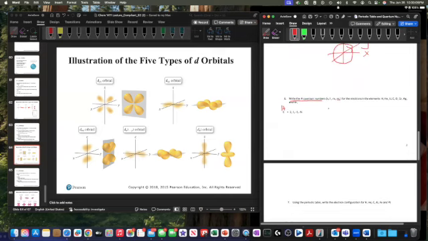So I have energy level, angular momentum, magnetic quantum number, and then the spin quantum number. I'm going to start with the element hydrogen, and then I'm going to do helium. And you guys already have carbon here, right?